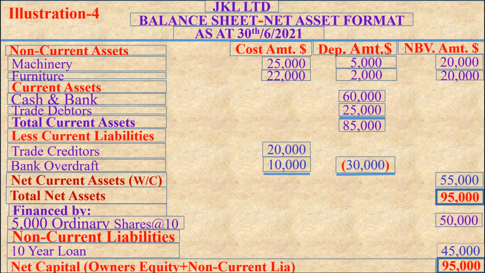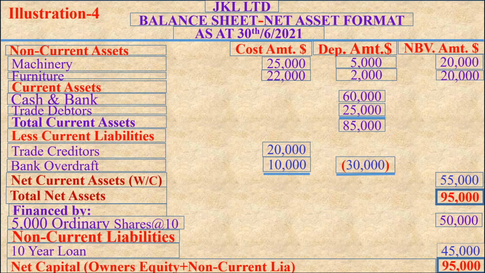The balance sheet again looks like that of the gross balance sheet format, only that the arrangement of the work is such that we need to do some netting of values to represent the net asset perspective. So in the recording, as you follow my cursor, we have the non-current assets column, cost column, depreciation column, and the net book value column.